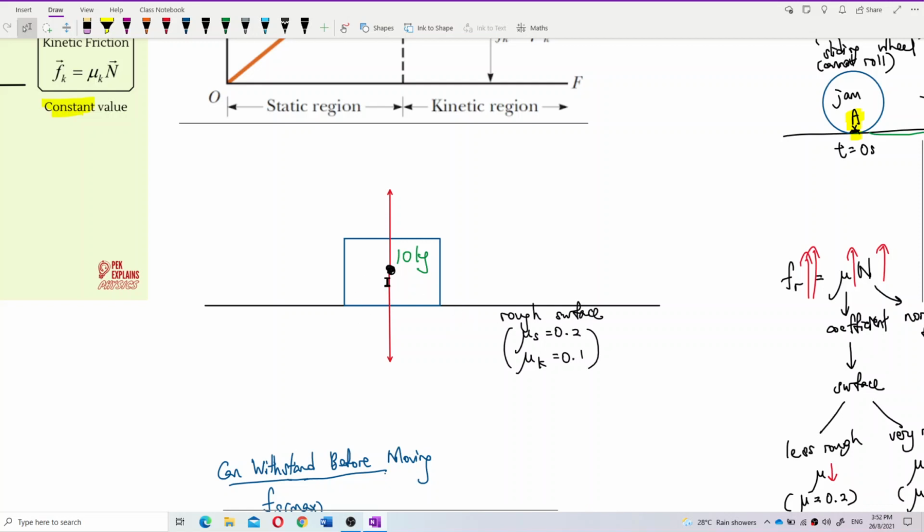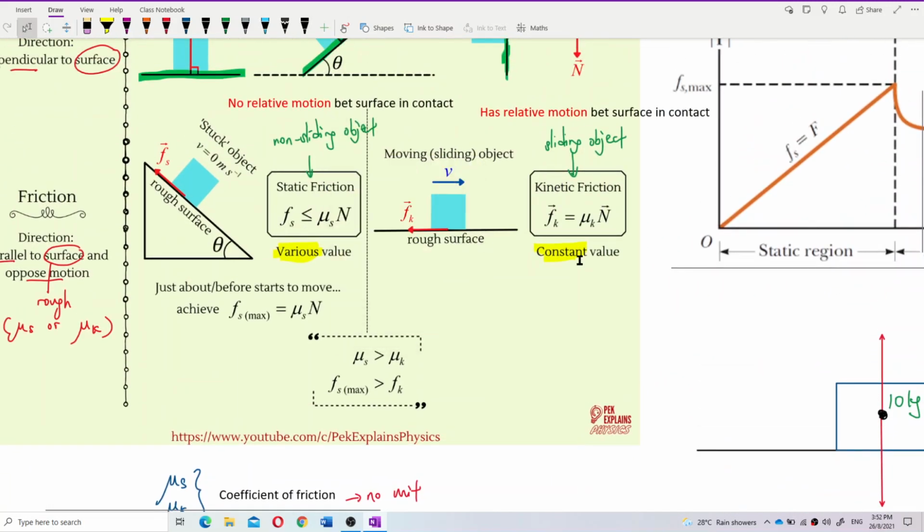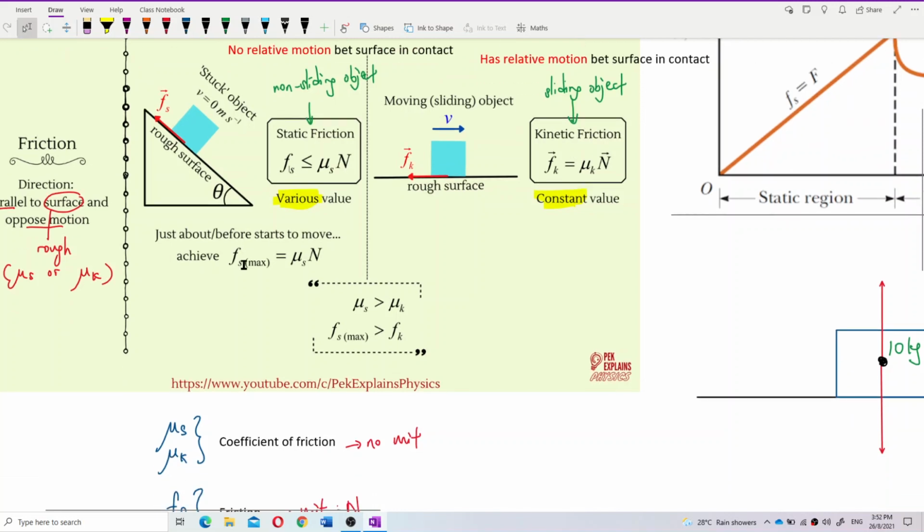for this crate. First of all, I want to write down the weight and the normal force, because we know that friction depends on the normal force. The bigger the crate, the higher the normal force, the higher the friction the crate will experience, isn't it?